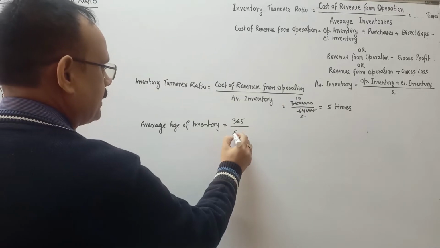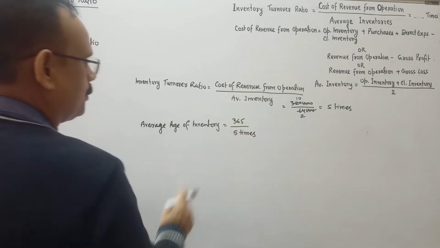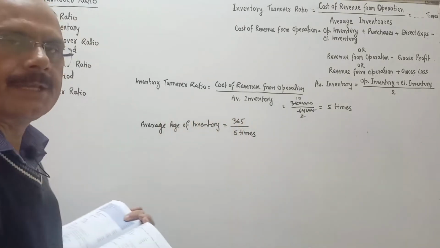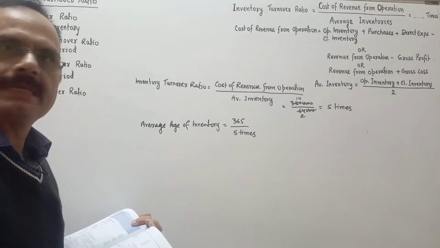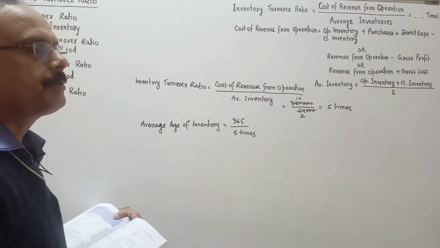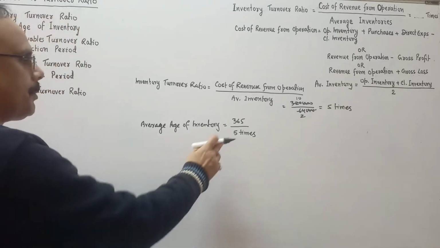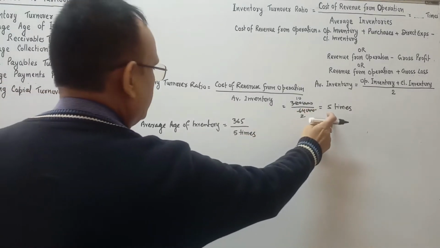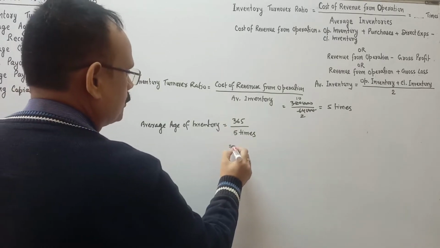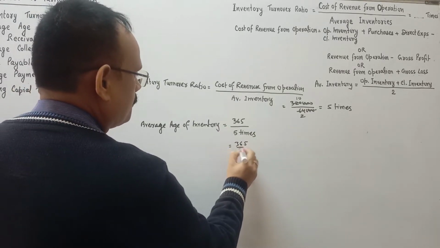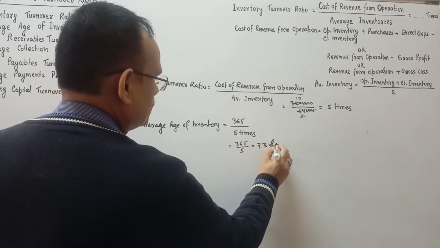Inventory turnover ratio is 5 times. So number of days in a year, we'll take it. It may be 365 or 366, or if you calculate in months then you take 12 months, 12 upon inventory turnover ratio 5 times. Okay. So 365 upon 5, so it is 73 days.